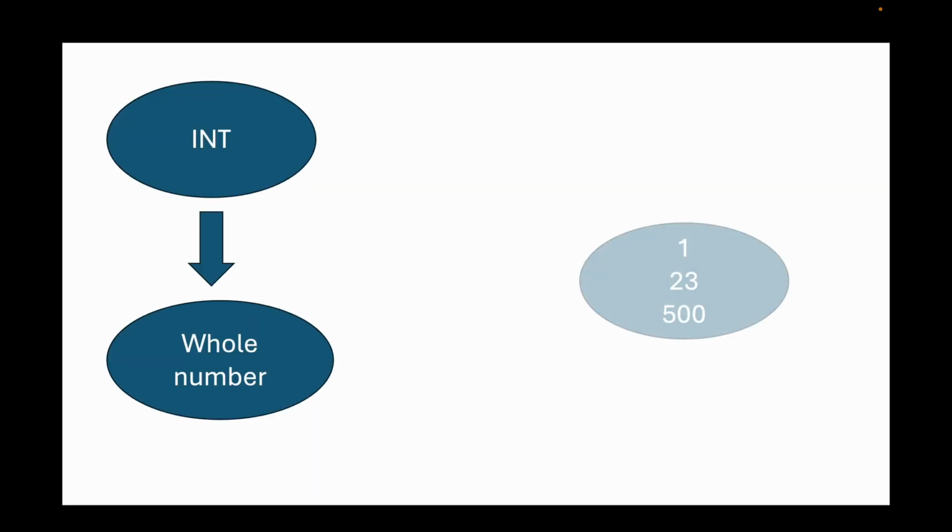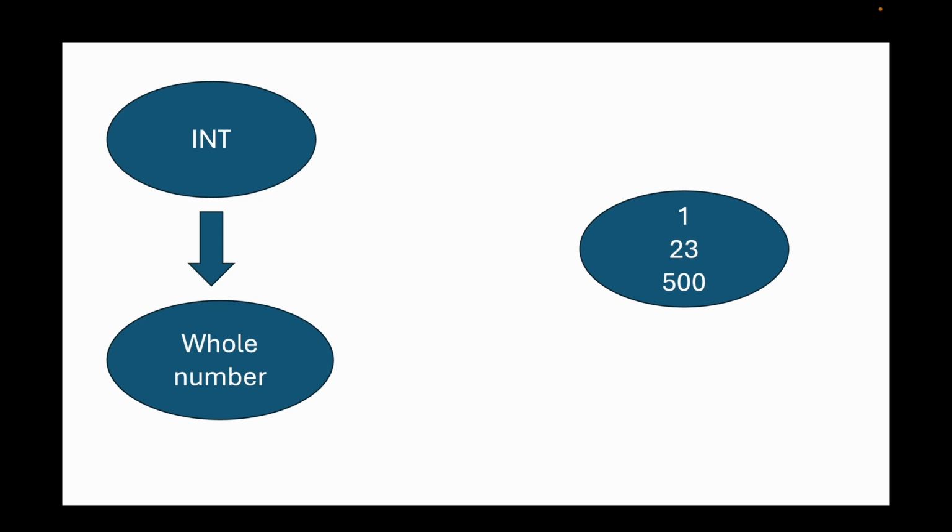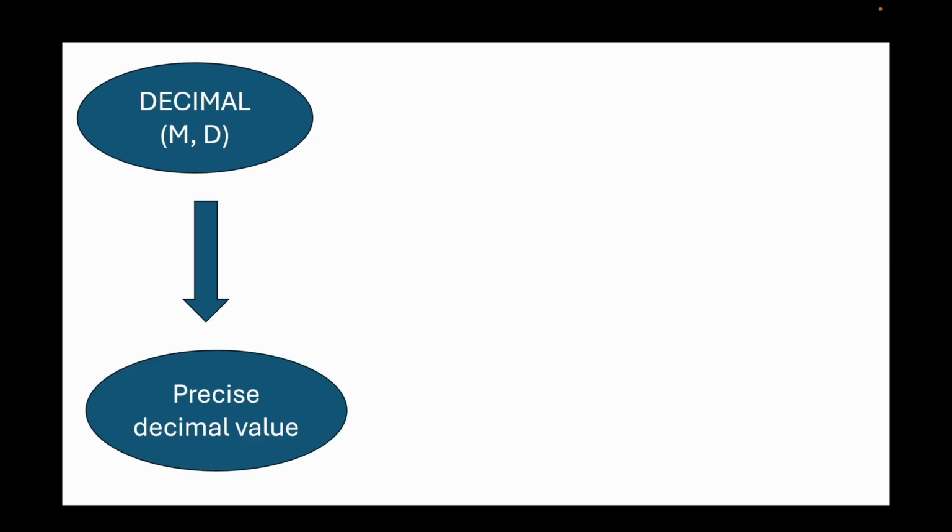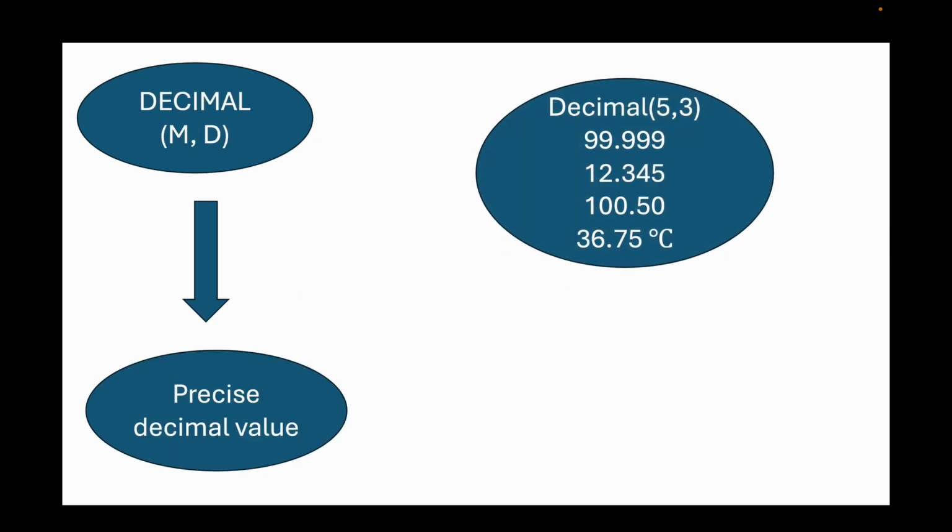Look at these examples. For integer, like whole numbers, like 1, 23, 500, or whatever. When you don't have decimal point or fraction of numbers, you can use int as your data type. For decimal, we have m and d inside parentheses.